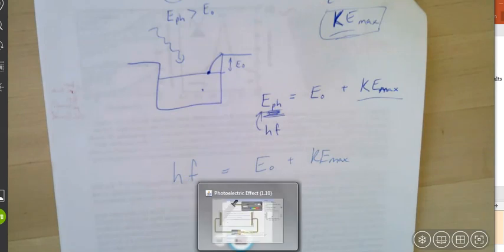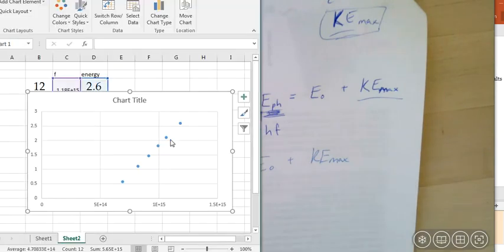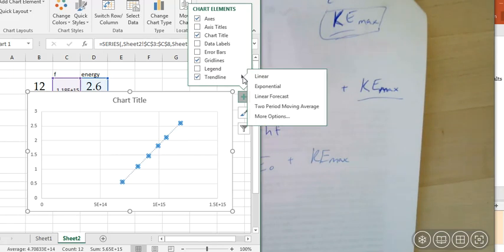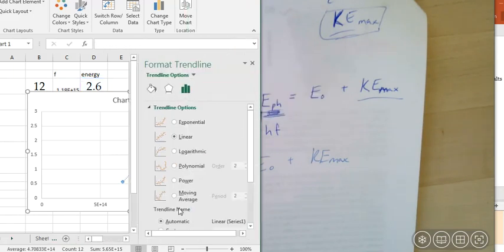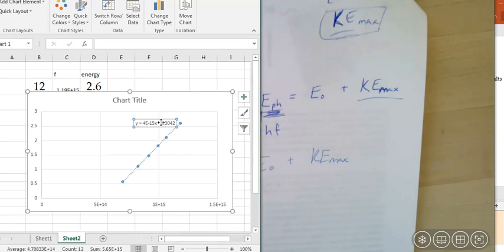So in other words, if I fit a line to this, add a trend line, more options, show the equation on the chart, we'll see this is the data from our experiment that we tried, but it's just been collected for us.